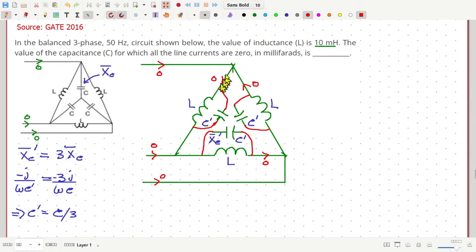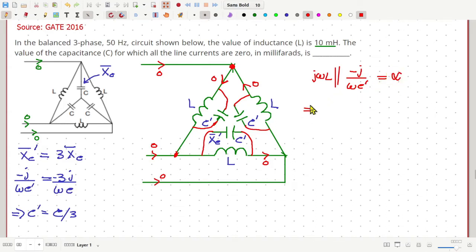Therefore, now see that we have a voltage across this load, but the current is 0. That is only possible if the impedance is infinite. That means we need the parallel combination of this inductor and this capacitor to have infinite impedance. So we can write J omega L parallel minus J by omega C prime should be equal to infinity.